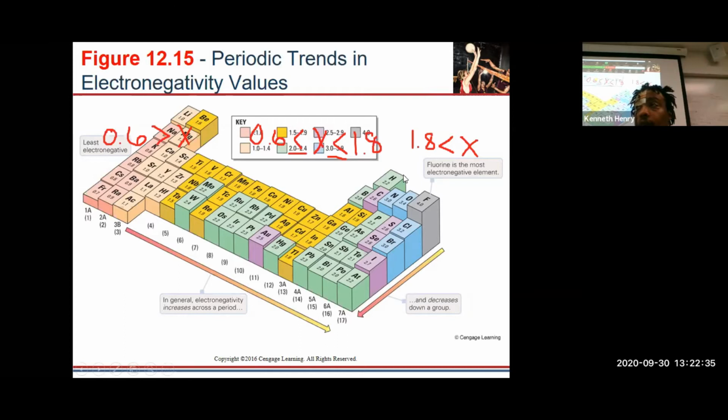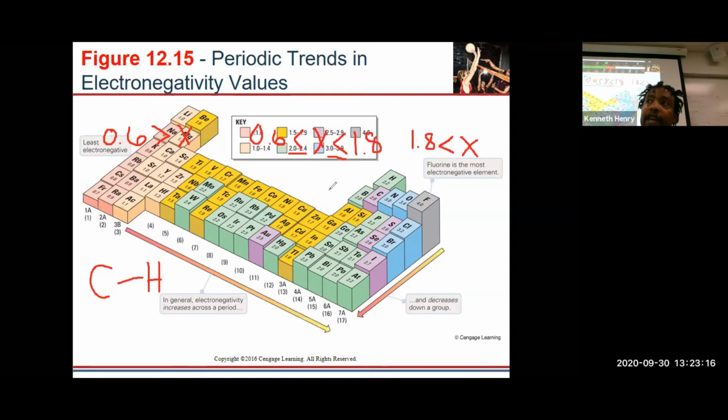Now, when you're trying to determine the type of bond between two atoms, is it a polar bond or a non-polar bond, the way that we do that is by looking at the values of the elements on this table. So for instance, if we have carbon bonded to hydrogen, we want to see if these are going to be sharing evenly or unevenly.